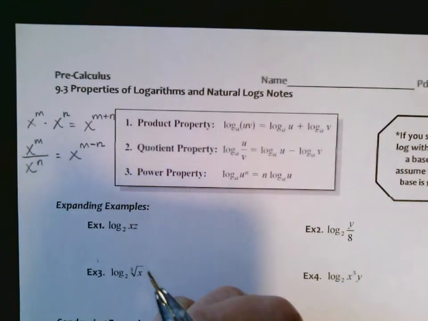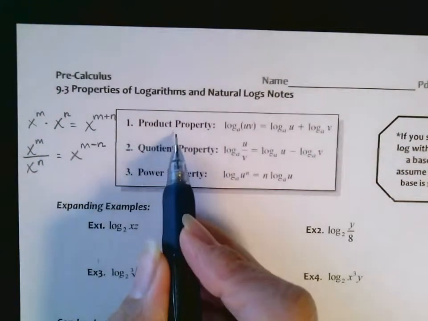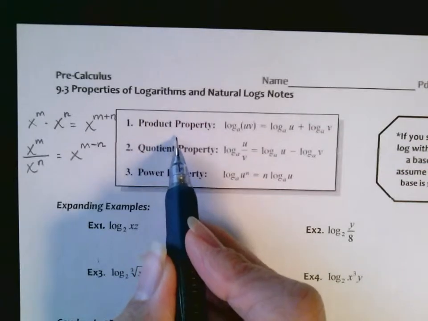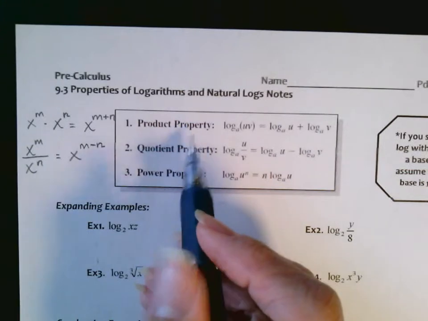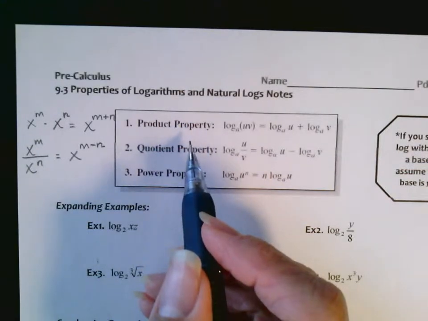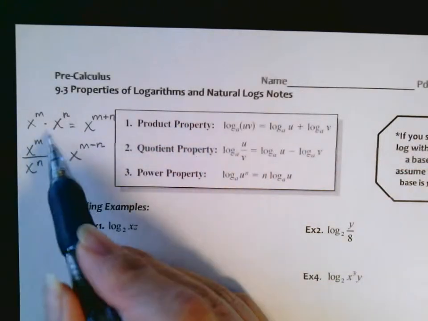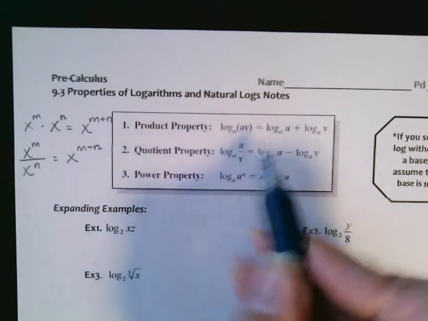So if you look over here to the right, logarithms are exponents. Therefore, if they are exponents, they should emulate the same properties that exponentials had. So here's what we're doing in this case.